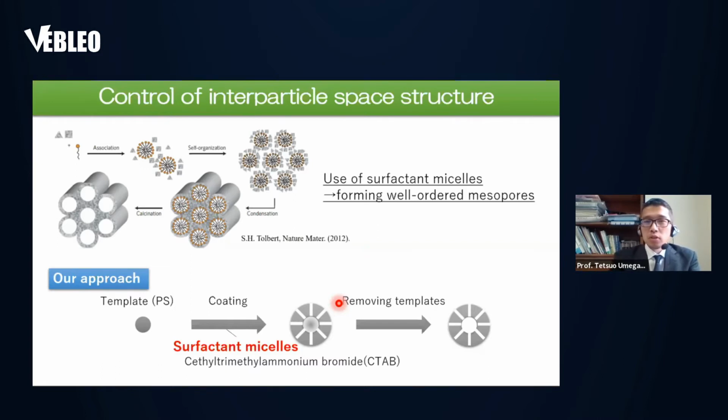Using this technique, we tried to fabricate silica-alumina hollow spheres with well-ordered interparticle spaces using a surfactant, cetyl trimethyl ammonium bromide, so-called CTAB.